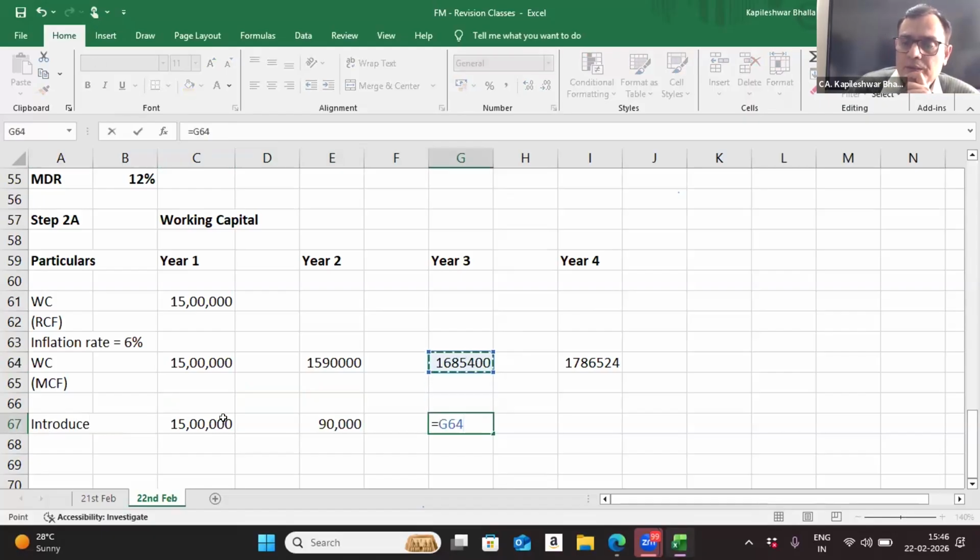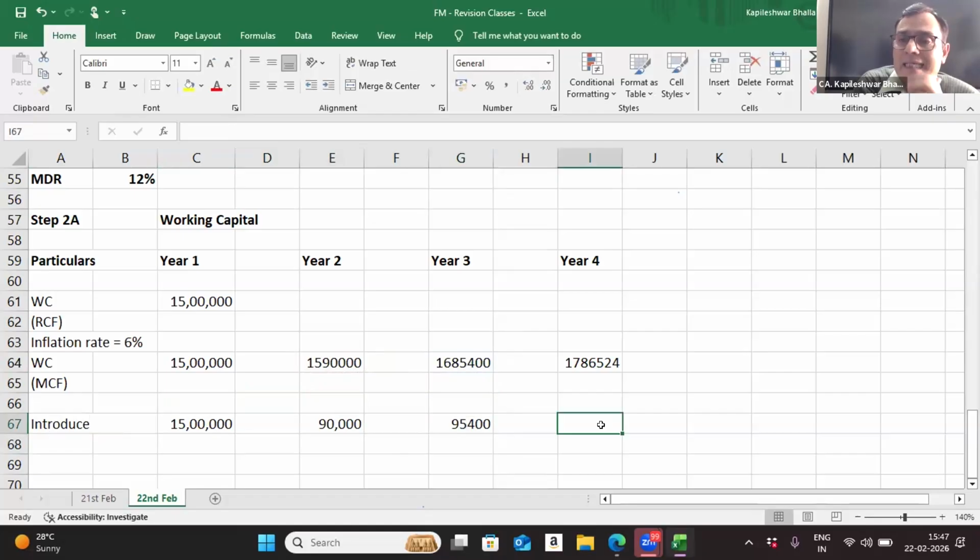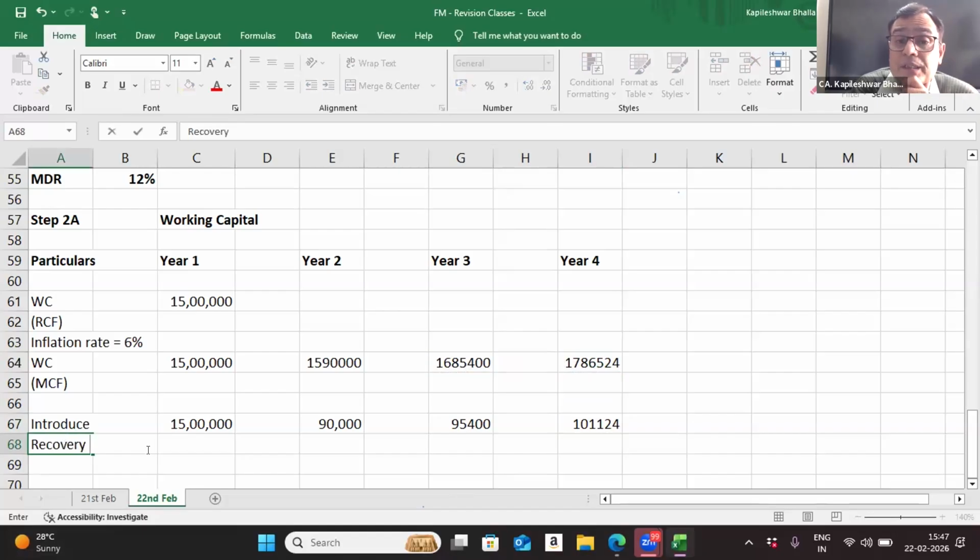You will introduce the difference between these two, that is 95,400, and you will also introduce the difference between this and this figure. And tell me what will be the recovery. Can I say the recovery will be how much amount in the fourth year? Is this the amount which you will recover?